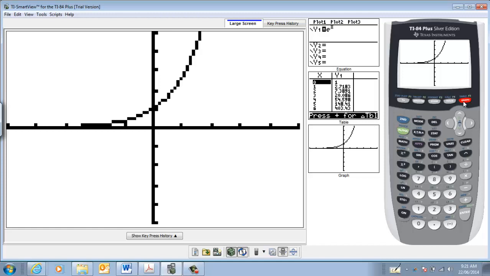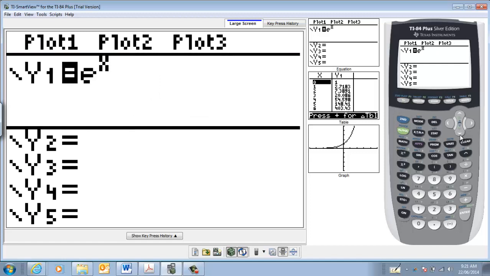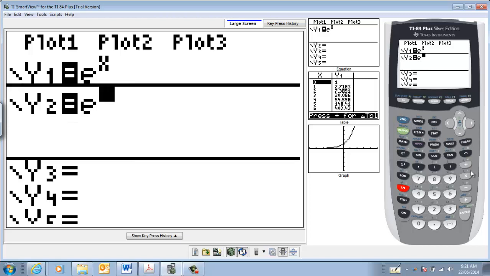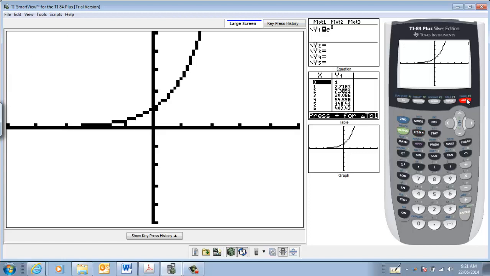That's my graph there, and a really good simple thing to do then would be to look at a pattern. So if we did something like e to the power of 3x and graph that, it looks fairly similar, it just makes the graph steeper, doesn't it?